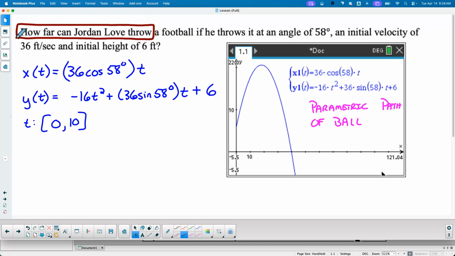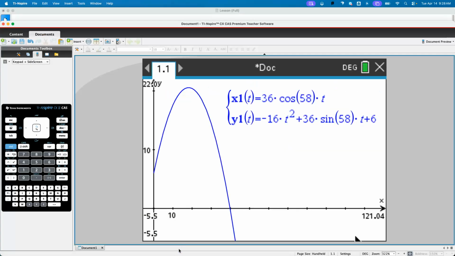Okay. So let's go back to our graph. Now, brainstorm how we can figure out how to do this. One option would be to figure out how far it is. Well, first off of our graph, what are we looking for? When it hits the ground? Okay.